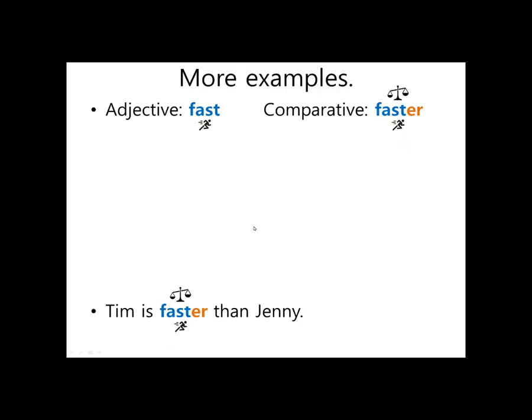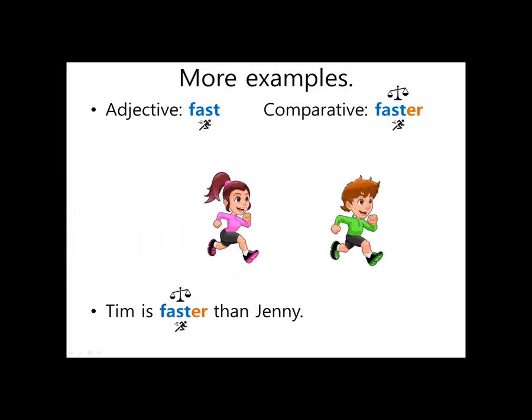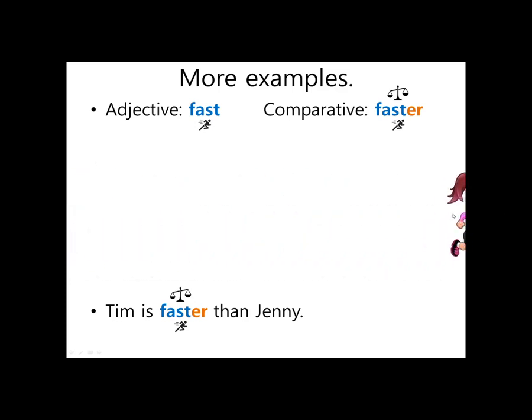Okay, so let's have a few more examples first. So we have the adjective fast and the comparative faster. See, this is a comparative adjective. And our sentence is Tim is faster than Jenny. So here's Tim and that's Jenny.